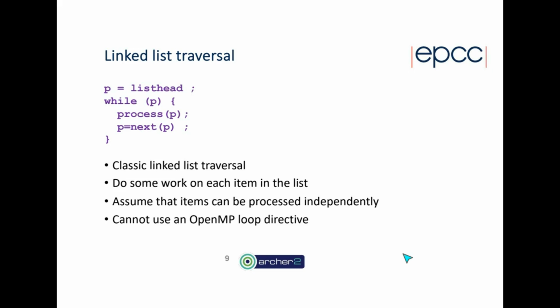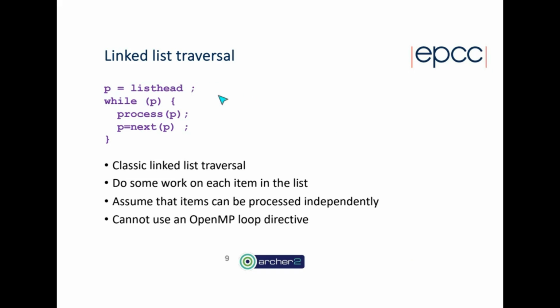It's a very classical data structure. Suppose we have the situation where we want to do some work on every item in a list, and it's a big enough piece of work that we'd like to parallelize that.